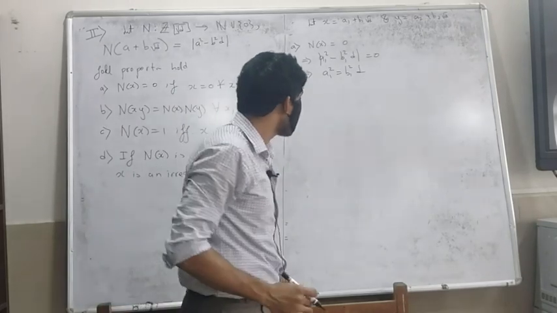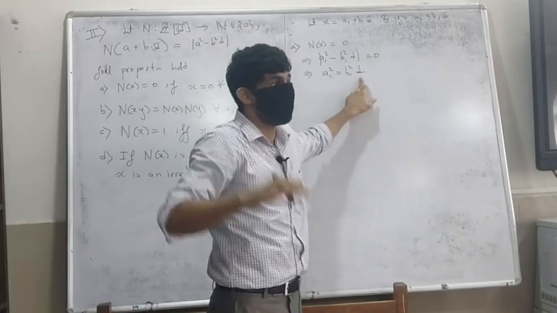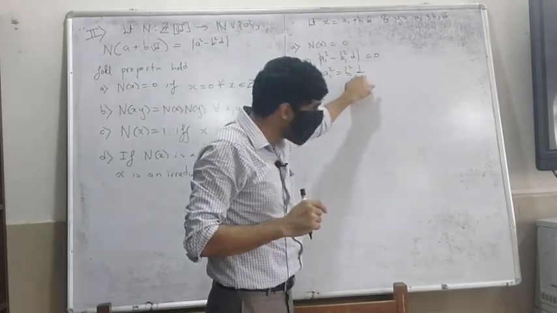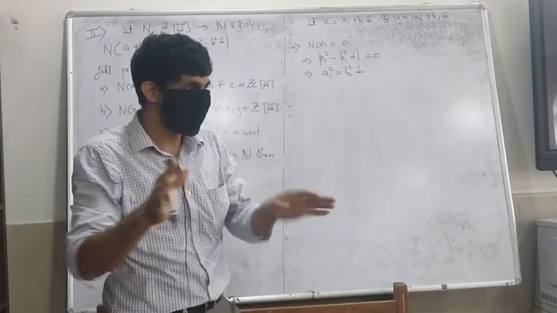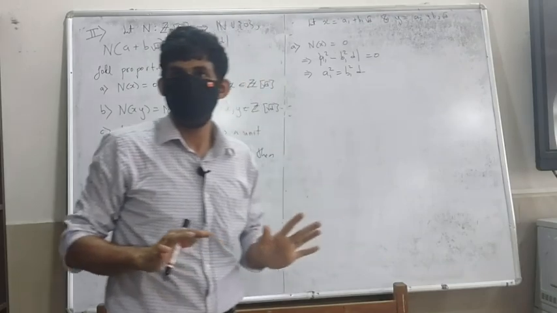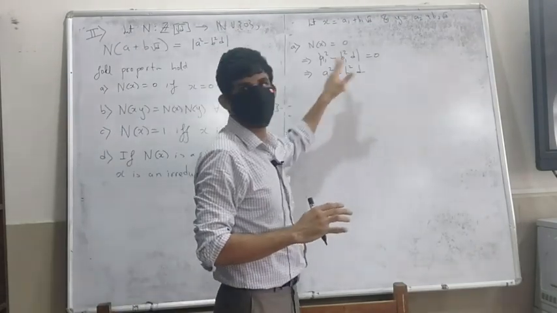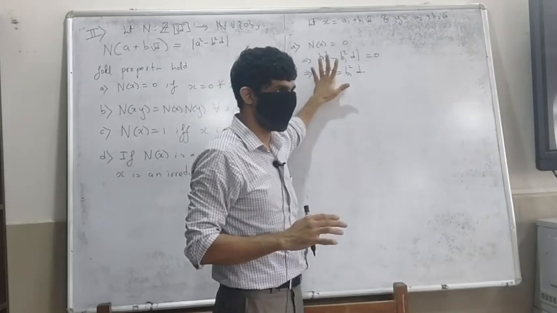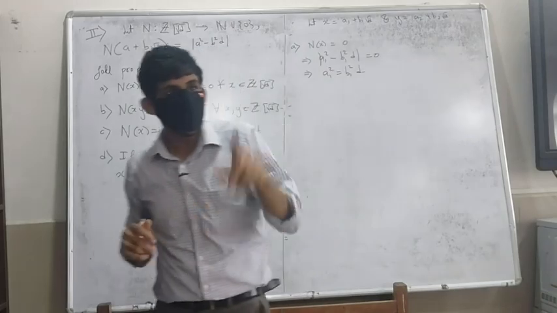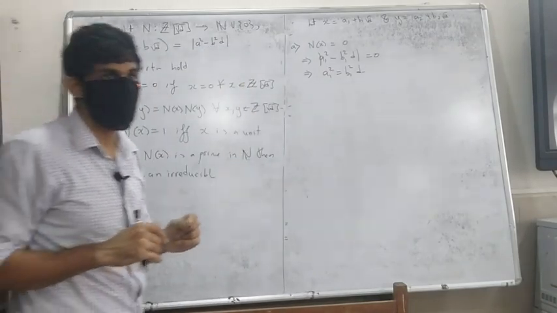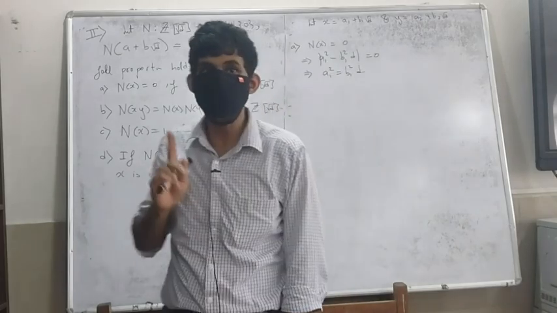Okay, so d is not a proper square, right? That means there should be some prime. Actually, there are two possibilities. One is d is negative. If d is negative, then there's a problem, not possible. If d is positive, then there should be some prime whose power is not even in d.